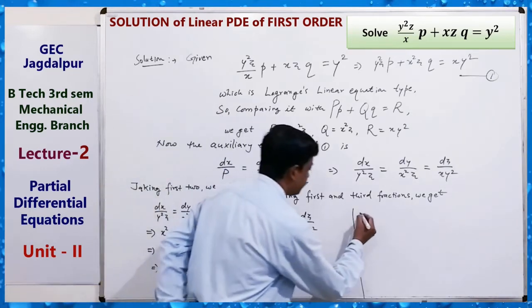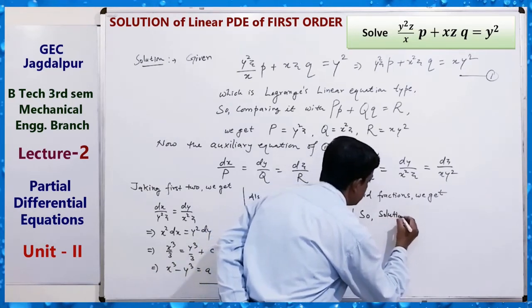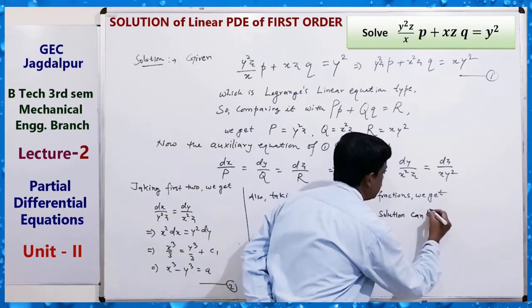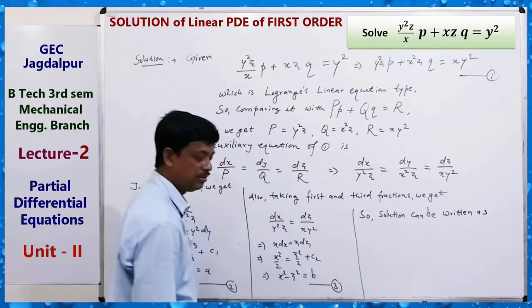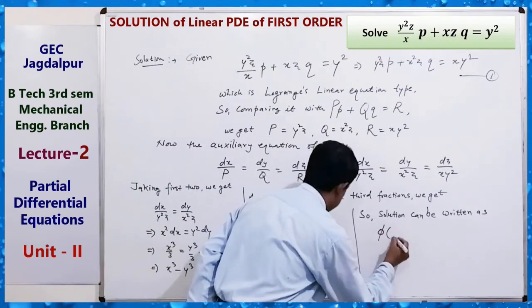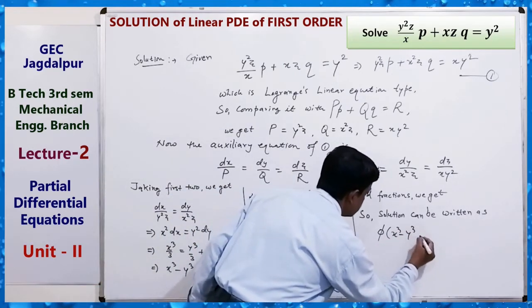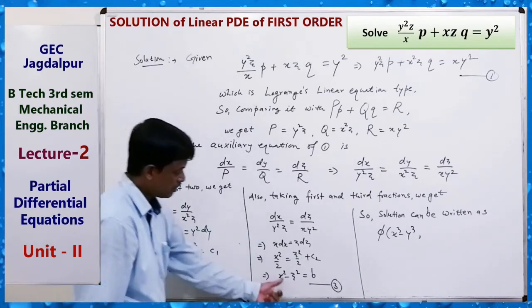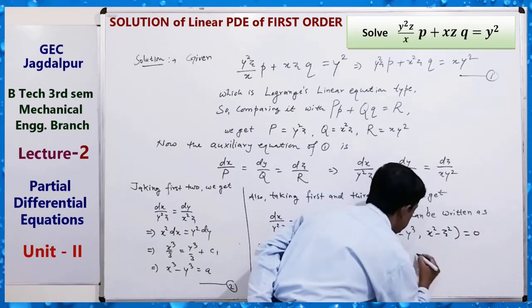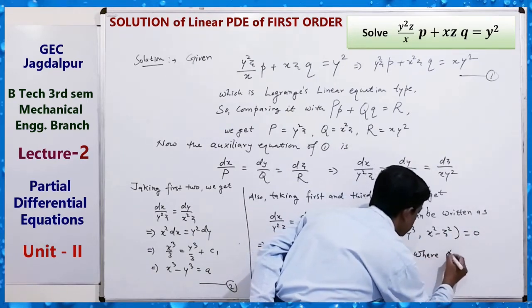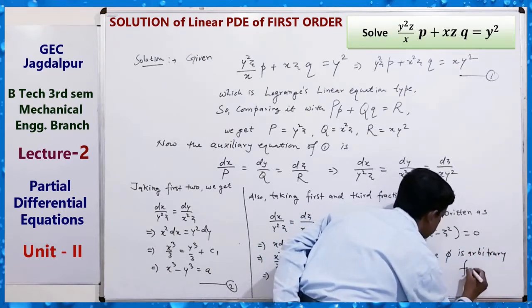So our solution can be written as a relation between x cube minus y cube, u, and x square minus z square, v, phi of (x cube minus y cube, x square minus z square) equals 0, where phi is an arbitrary function.